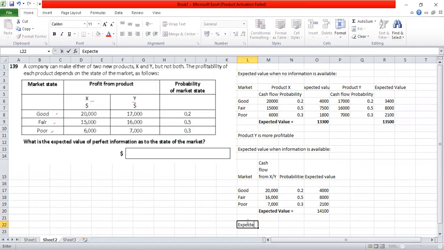So expected value of perfect information is equal to expected value with information minus expected value without information.